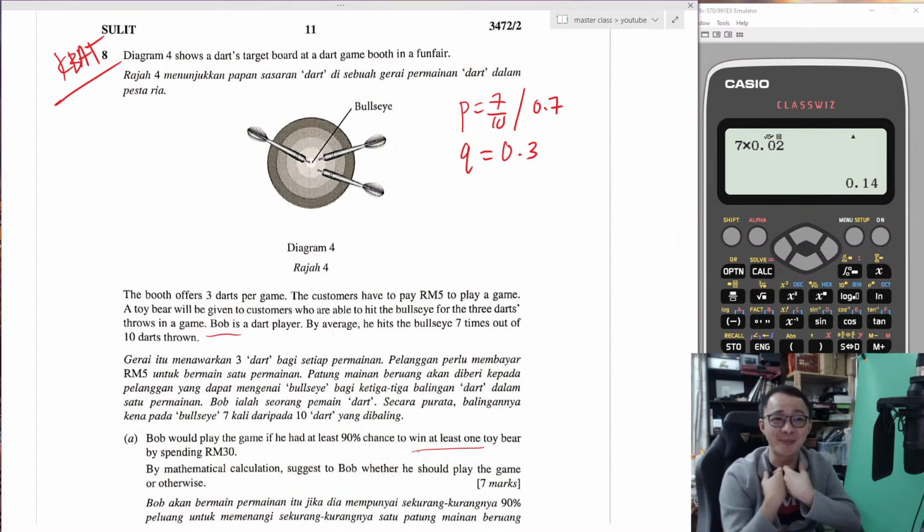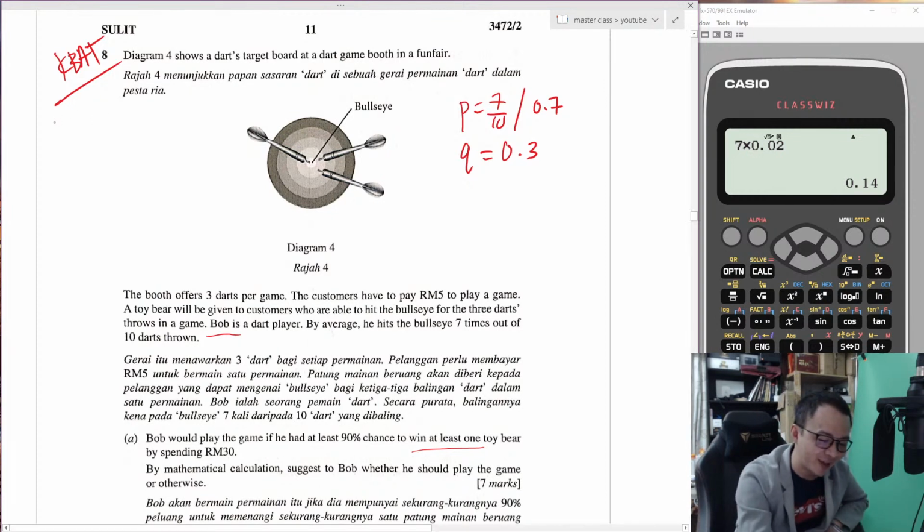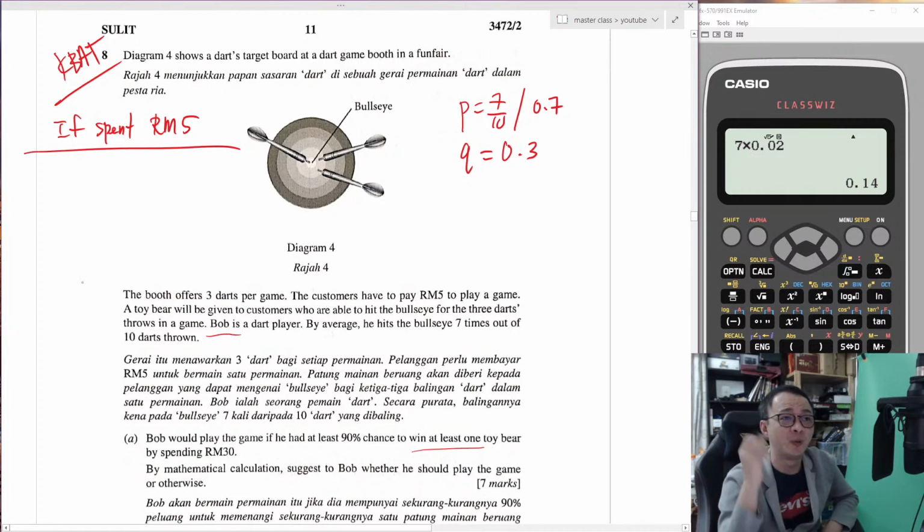If I spend 5 ringgit, what is the chance for me to get a bear, if the chance I hit the blue eyes is 70%, 0.7? So I want to know the chance that I will hit the 3 blue eyes.